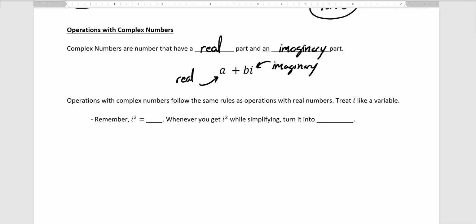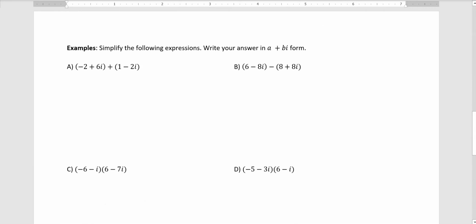Operations with complex numbers follow the same rules as real numbers, and we treat i like a variable. The one thing we have to remember is that i squared equals negative 1. Whenever I get i squared while simplifying, we need to turn it into negative 1. Let me show you what I'm talking about as we do some examples.